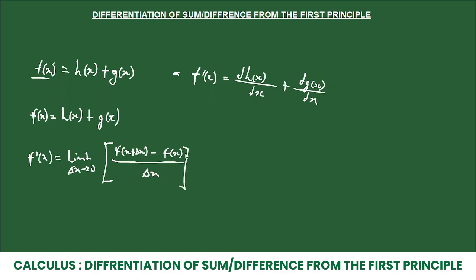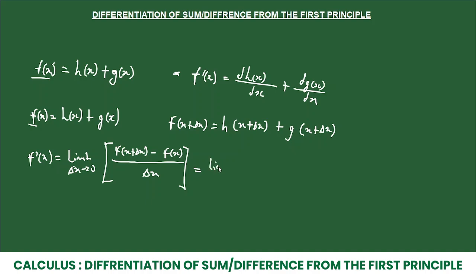So we already know our f of x. So our f of x plus change in x is going to give us, wherever you see x, replace it by x plus change in x. So we are going to have h of x plus change in x plus g of x plus change in x.